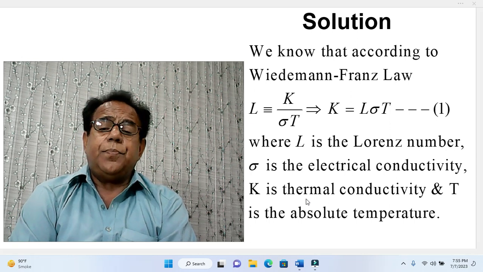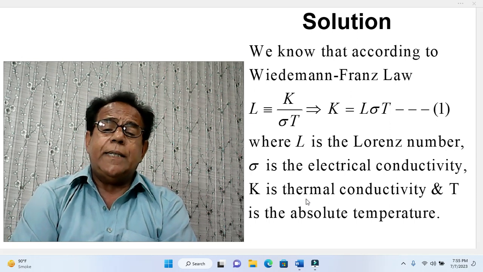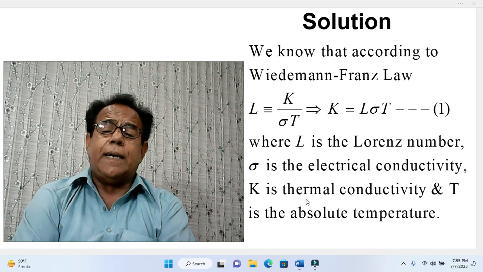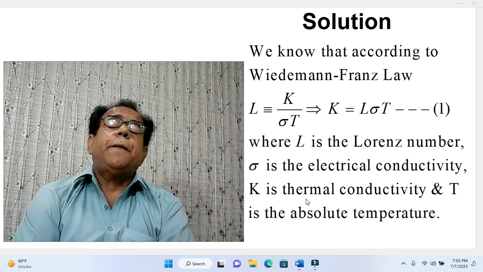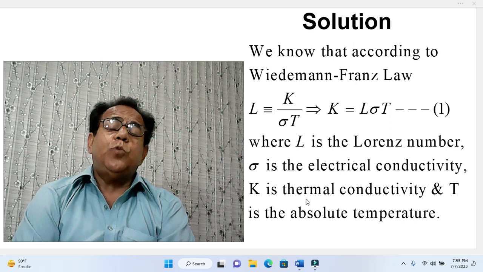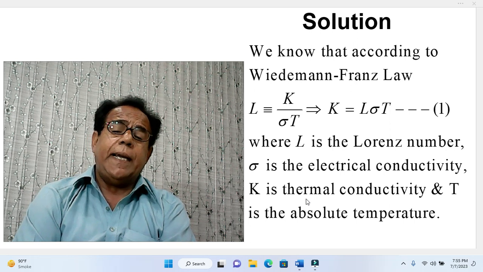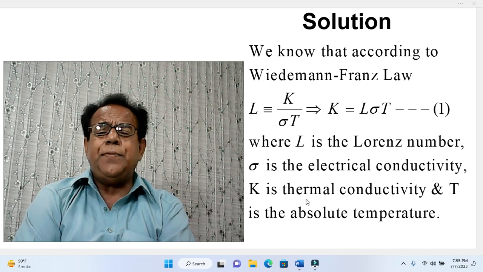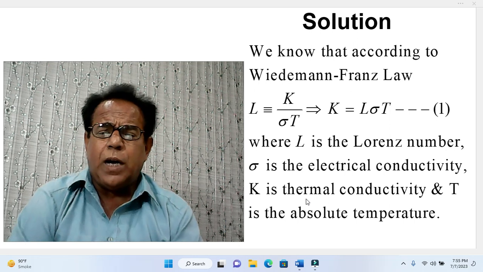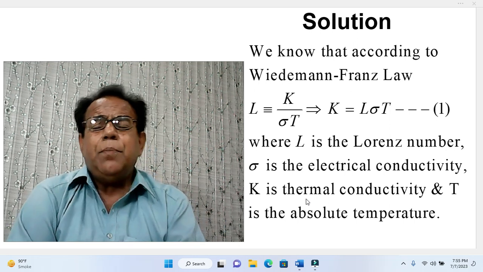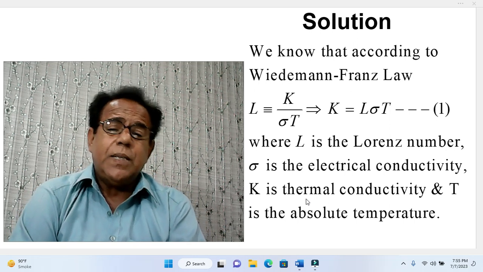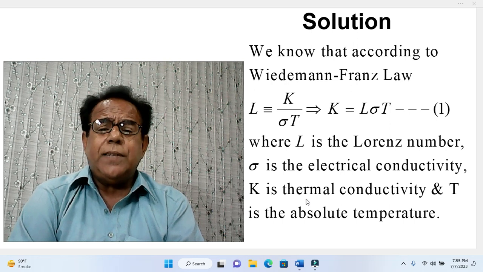We know that according to the Wiedemann-Franz law, L is defined as, dear students, these three lines are understood as 'is defined as'. Two lines denote equality, while three lines almost denote equivalent significance, or 'is defined as'. They are almost the same, but some difference also exists.